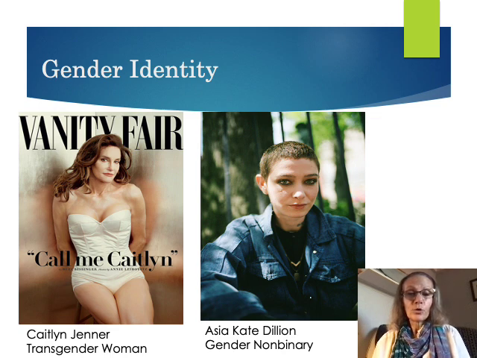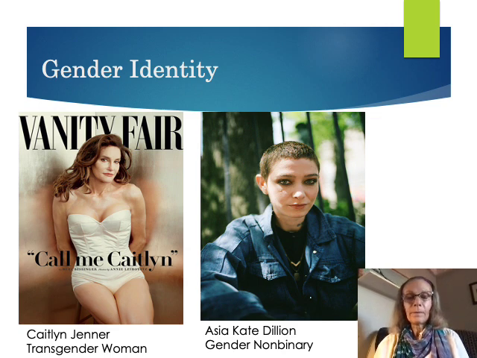Now here are two pictures of people that you might be familiar with from the news, or just from your consuming of popular media. On the left-hand side is Caitlyn Jenner. Caitlyn Jenner used to be Bruce Jenner, an Olympian from the 1970s.